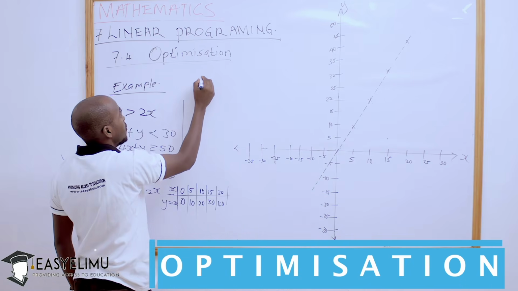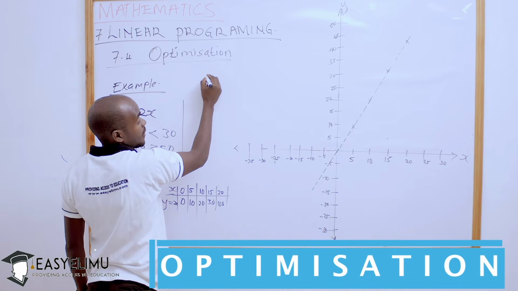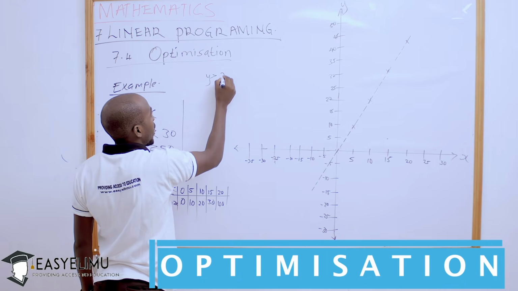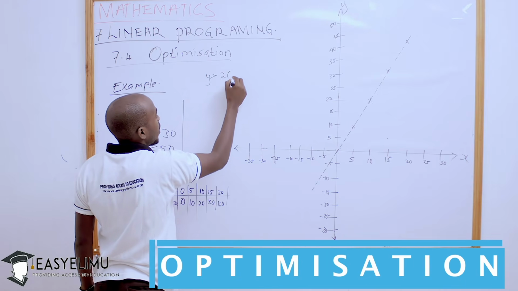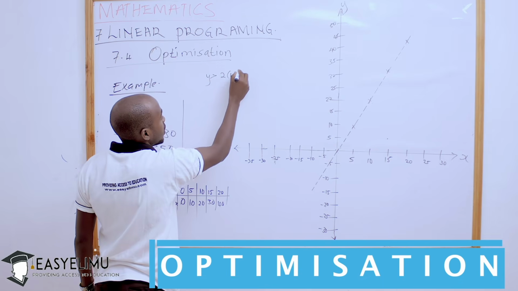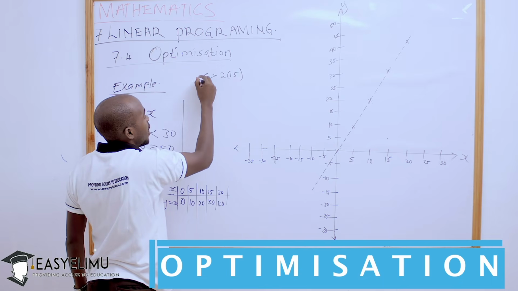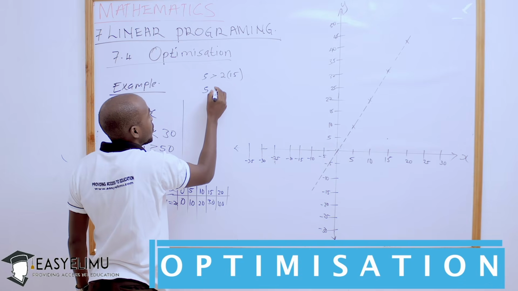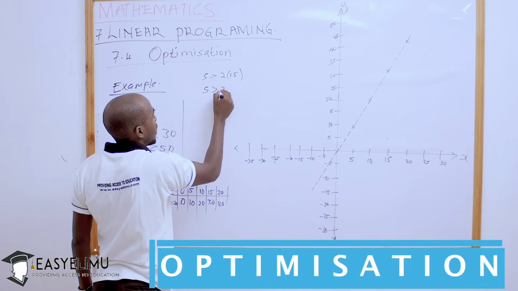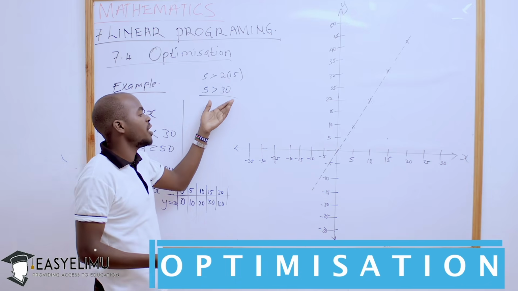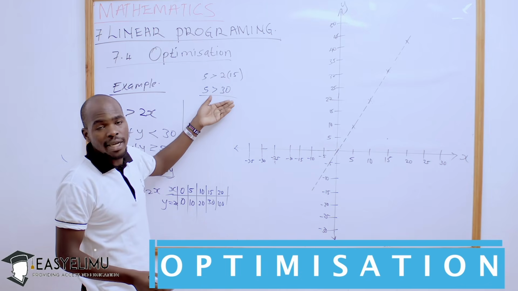If I take 15, 5, y is greater than 2x means 2 multiplied by 15, where 15 is my x, and y I replace with 5. I will find 5 is greater than 30. If you view this statement, it's not quite true, meaning that is the unwanted region.